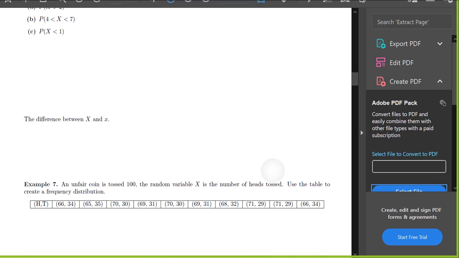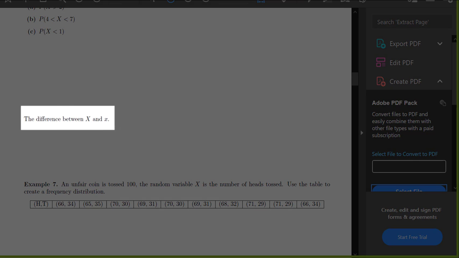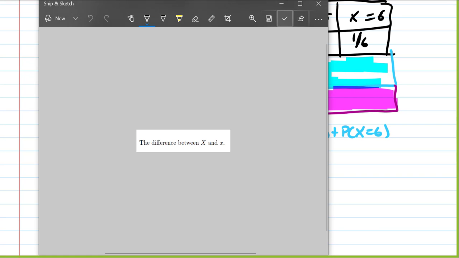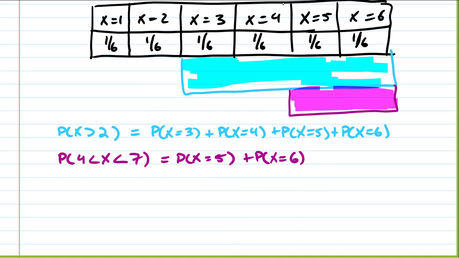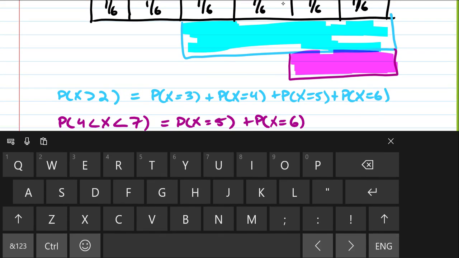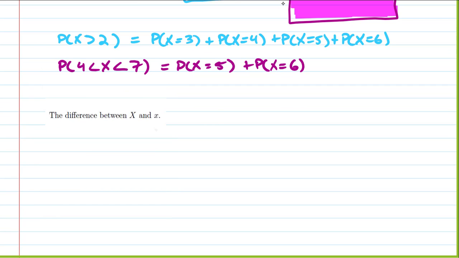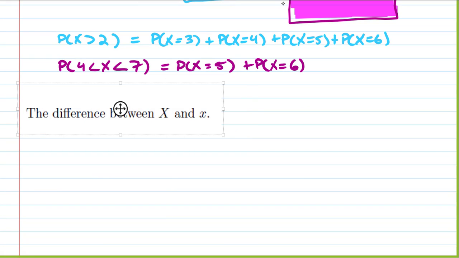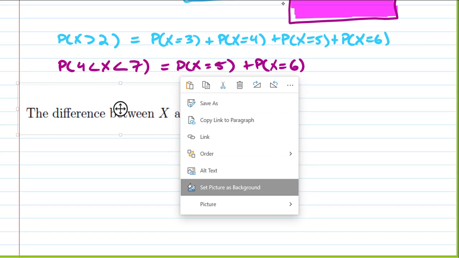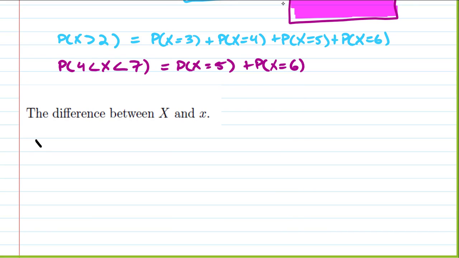So now we want to talk a little bit about, we're going to be using both capital X and little x. So we want to talk about, well, what is the difference between capital X and lowercase x? So capital X is the random variable.